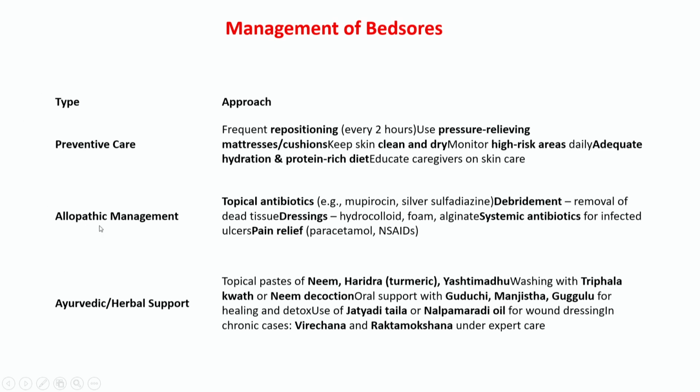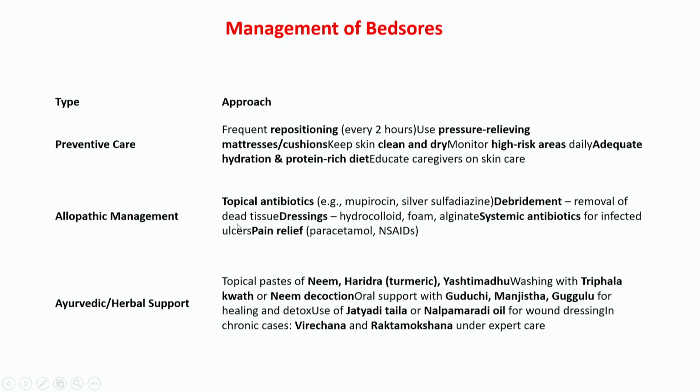If it happens, then what is to be done? Topical antibiotics, mupirocin, silver sulfadiazine, debridement, removal of dead tissue, dressing, hydrocolloid, foam, alginate, systemic antibiotic for infected ulcer, and pain relief.